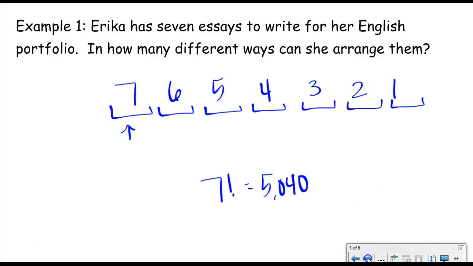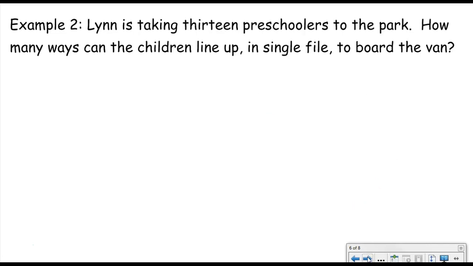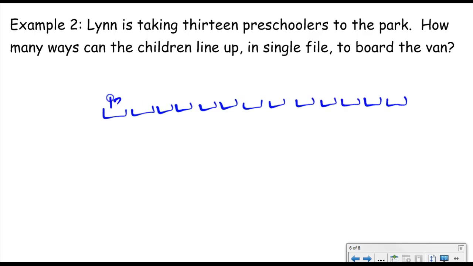Okay. Next problem. Lynn is taking 13 preschoolers to the park. How many ways can the children line up in single file to board the van? So you have your 13 spots, 1, 2, 3, 4, 5, 6, 7, 8, 9, 10, 11, 12, 13. And then 13, 12, 11, 10, 9, 8, 7, 6, 5, 4, 3, 2, 1.